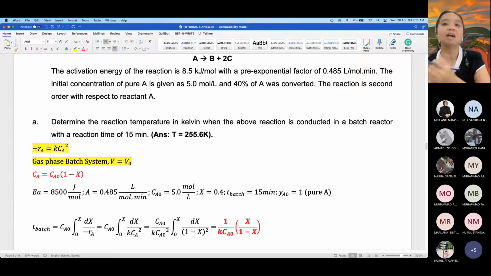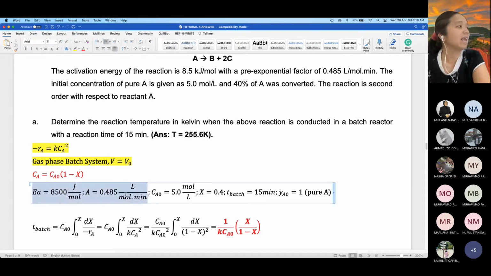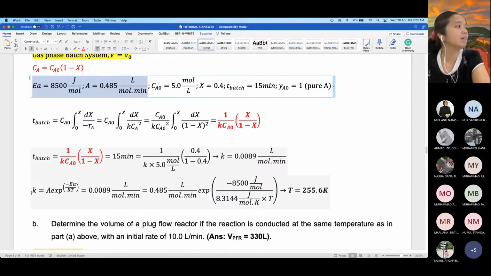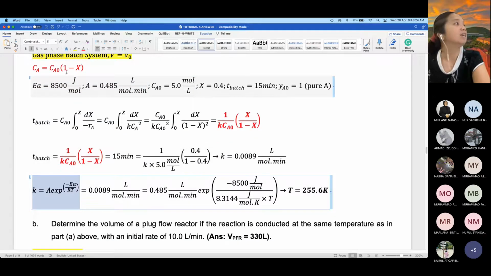So if you realize, there are only two pieces of information that are somewhat related, which are EA and A. Sebab you remember that in the Arrhenius equation, okay, saya bawa ke sini. In the Arrhenius equation, we have A, we have EA, and we have temperature.